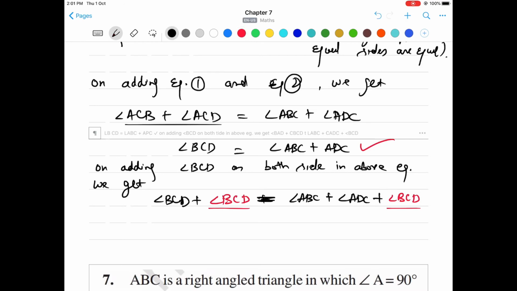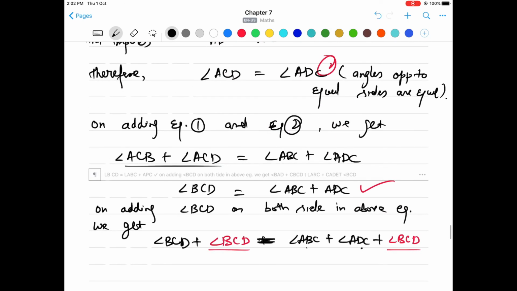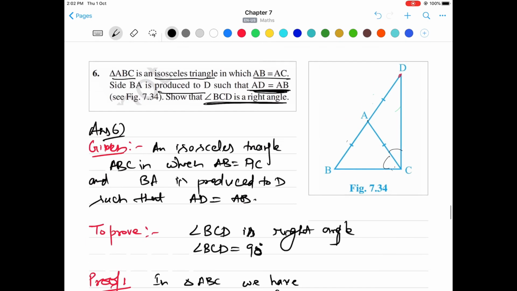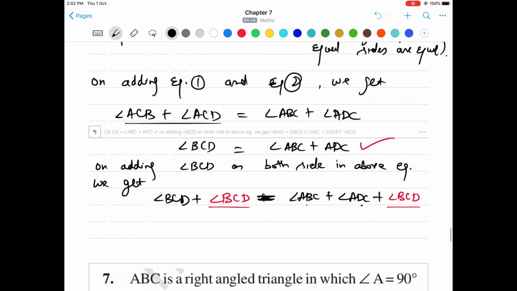Now you will notice that ABC, ADC and BCD are these three angles, and in triangle BCD the sum of all three angles should be 180 degrees. So these are the three angles of a triangle.